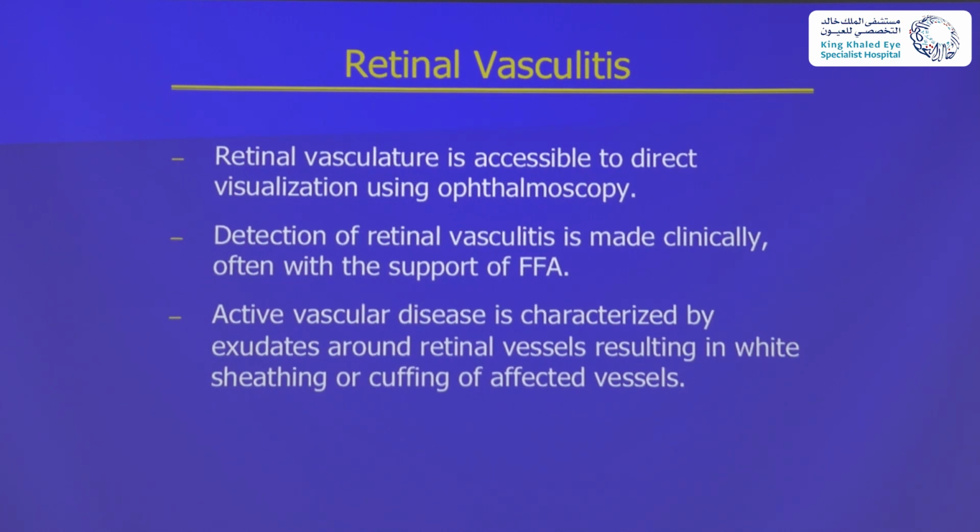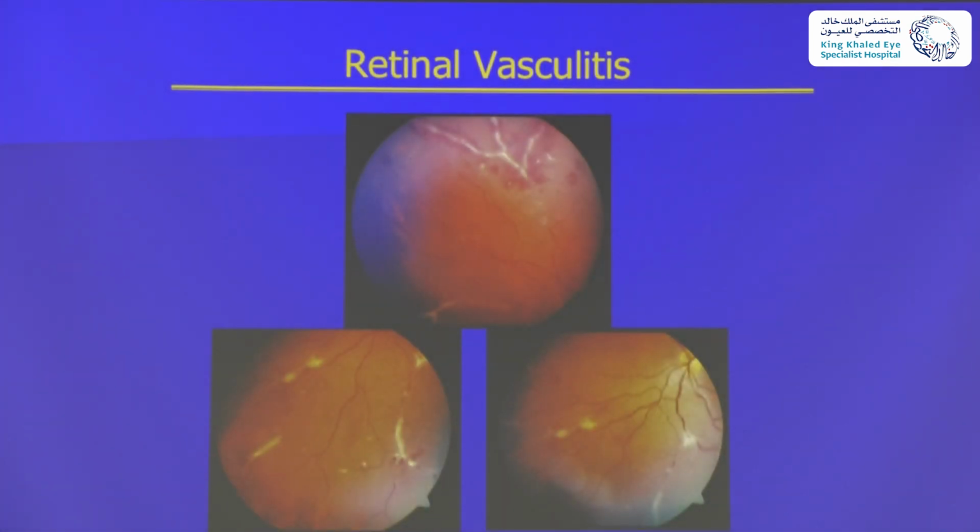The hallmark feature is that we cannot call a case retinal vasculitis unless we see perivascular inflammatory exudate that leads to sheathing or cuffing of the affected vessels. This is the classic feature of retinal vasculitis.